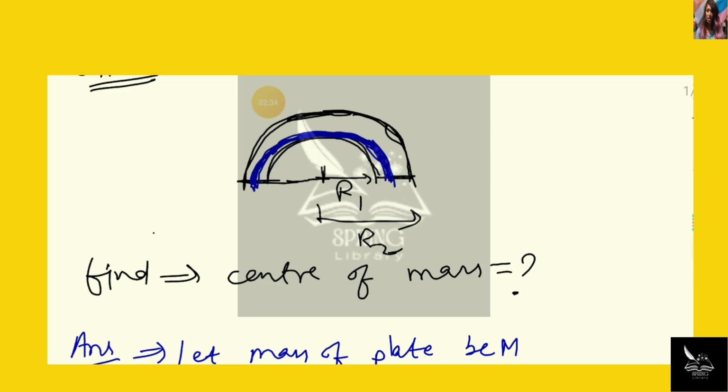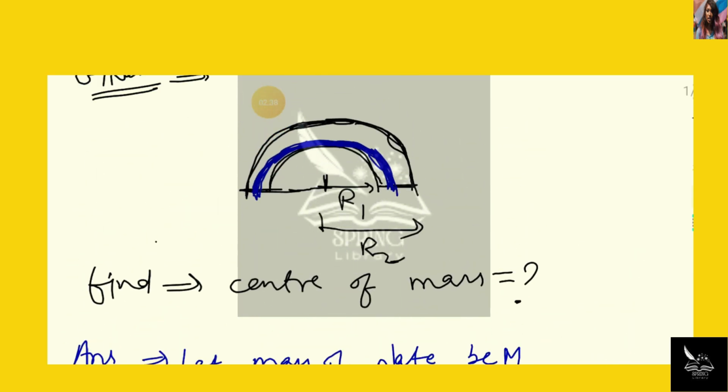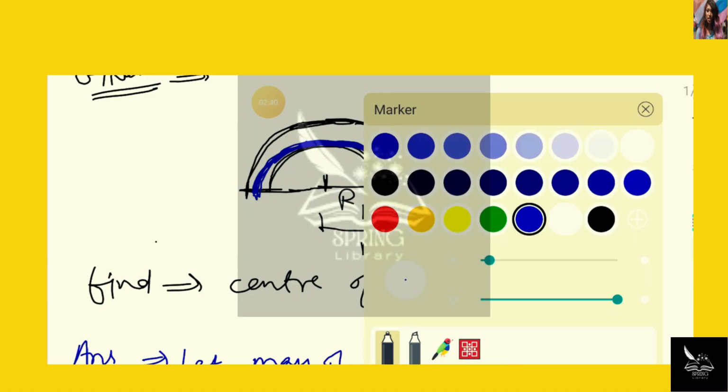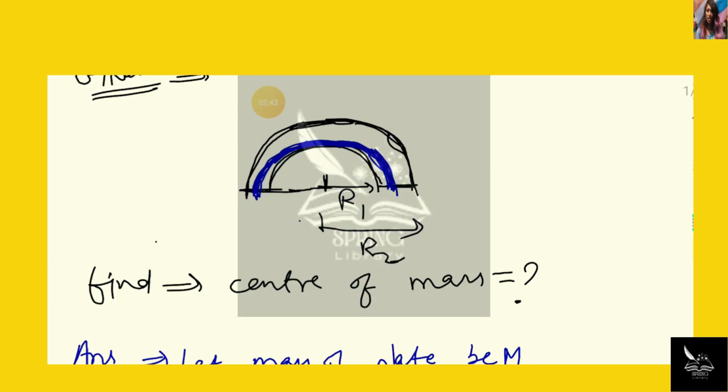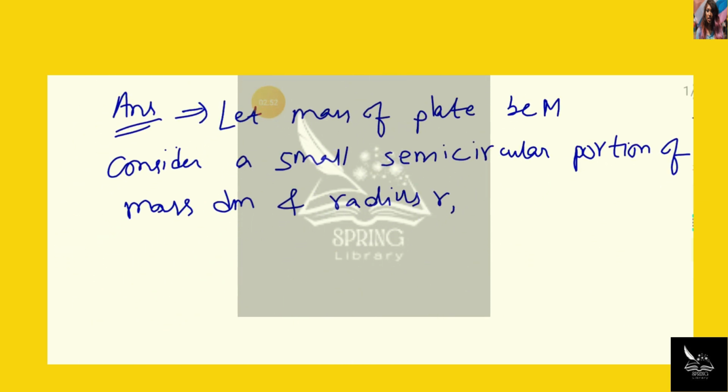Now consider that for this portion the radius is small r. My next step, after taking this semicircular portion, is to find dm, that is mass.